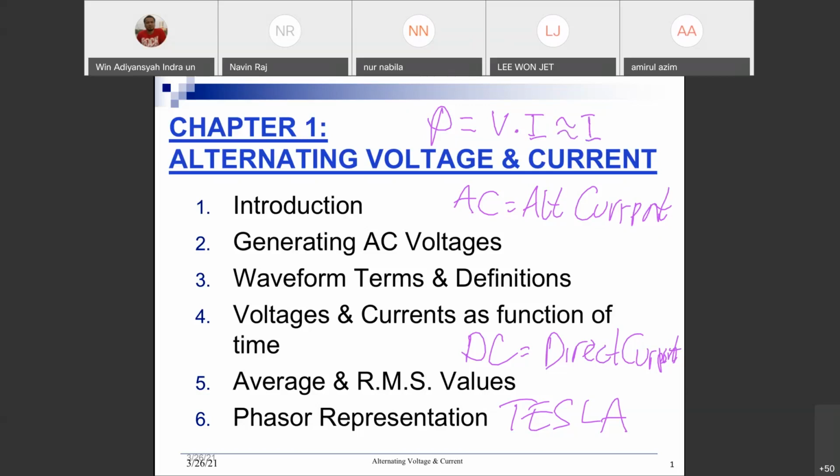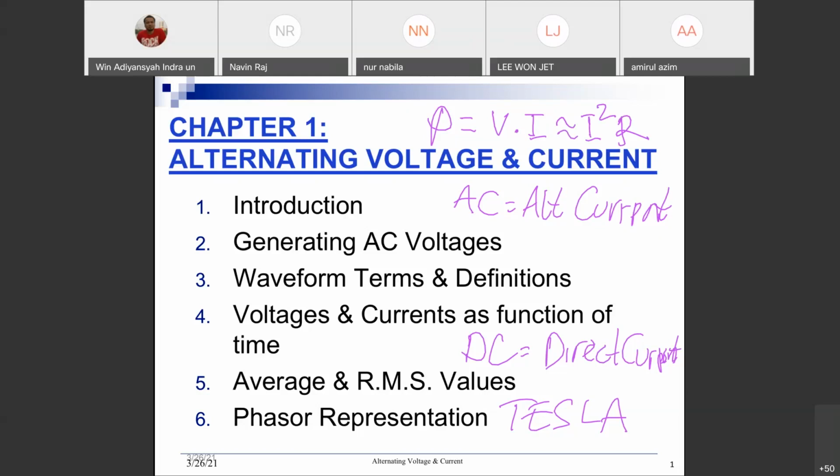Power equal to voltage times current, or equal to current squared times resistance. Right?